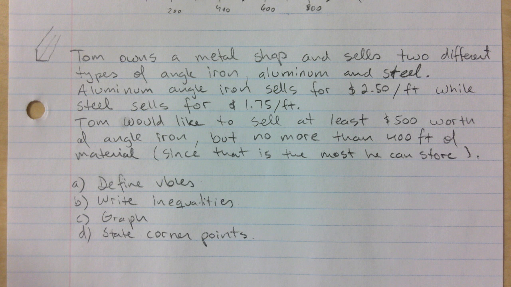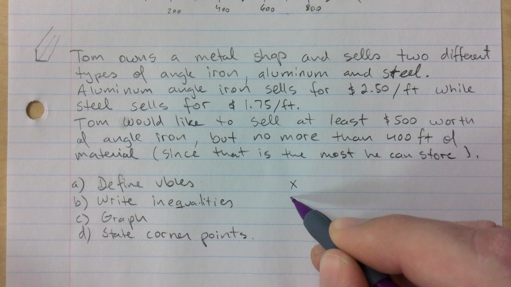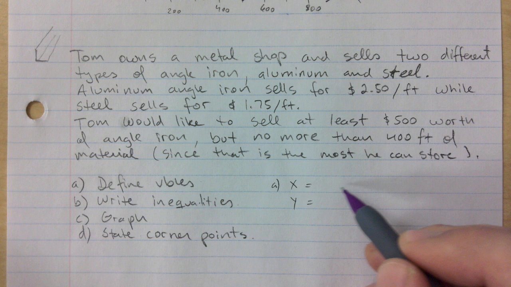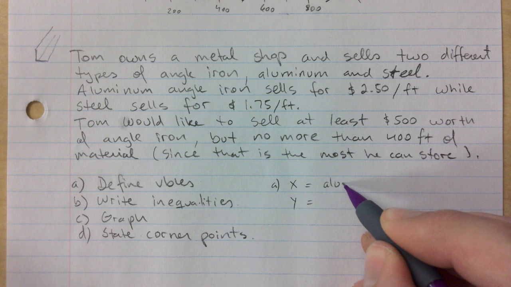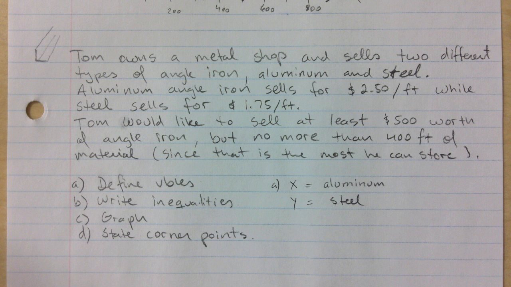I think you would probably all agree that x would be aluminum and y is going to be steel. Let's do that. But you need to know, is this entire pieces?